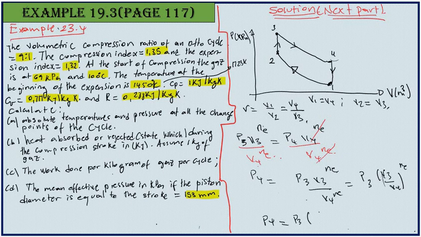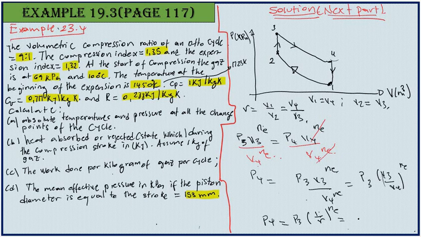Here I need to use 1 over R, because R is V4 over V3 and not V3 over V4. So I need to say 1 over R here, and then I have the exponent.